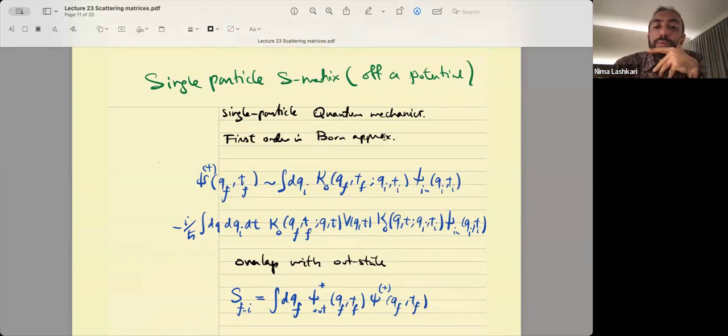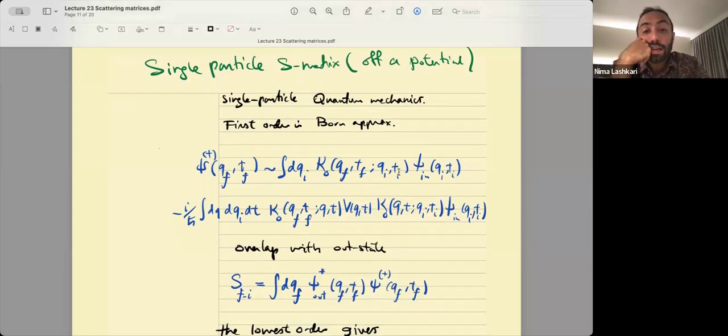In the first order Born approximation, as we discussed, your psi in, which is some superposition of the n particles, propagates with the free propagator to some state at time t_f at position q_f. But for the interacting propagator at first order, you have a propagator, an insertion of V at time t, and another propagator.